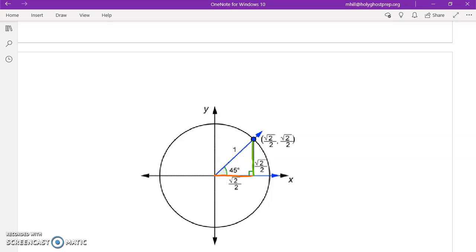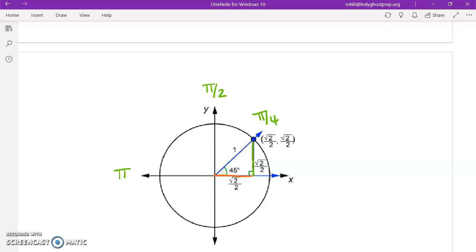Why do we care? Well, let's think for a minute. 45 degrees. What is 45 degrees in radians? Think back. Radians, 180 degrees was pi, 90 degrees was pi over 2, and 45 is halfway to 90, so what would 45 degrees be in radians? If you said pi over 4, you are correct.